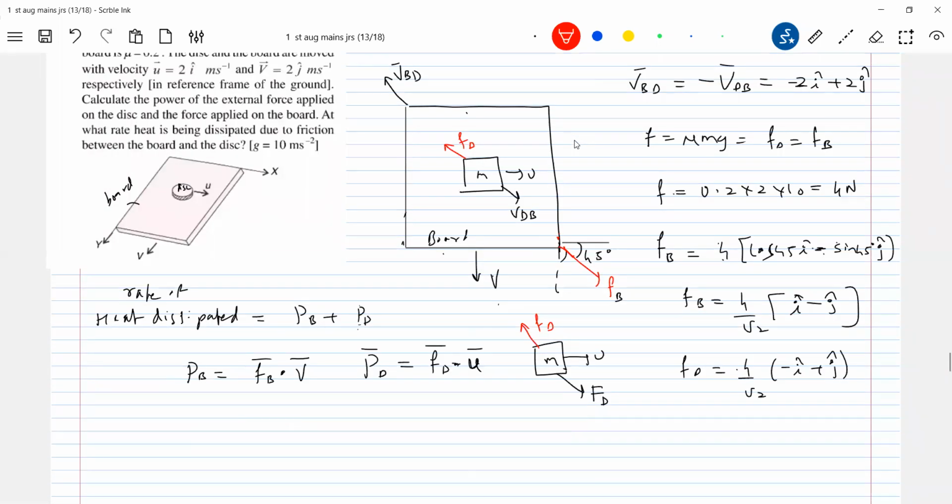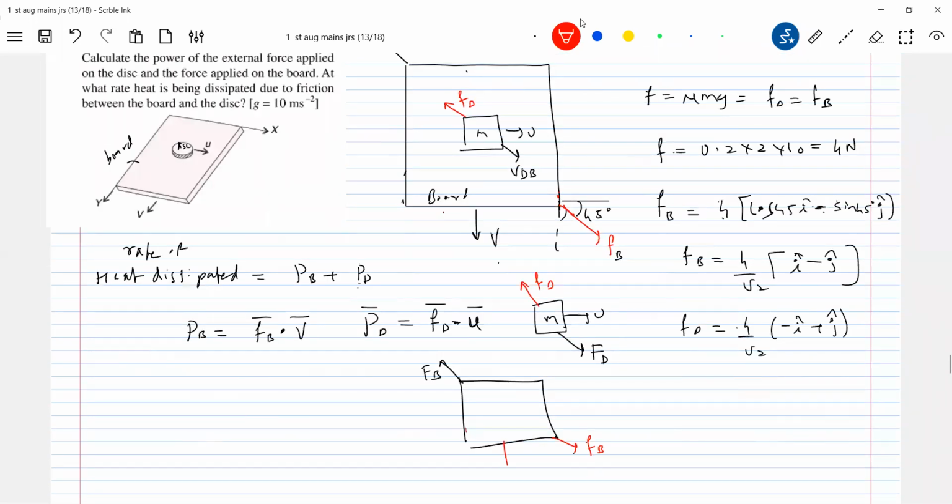You should apply a force like this. Otherwise, what will happen to the velocity of the board if you don't apply force? It keeps on increasing, no? He's asking this particular thing. Anyway, just calculate this. This is very important. Substitute these values.